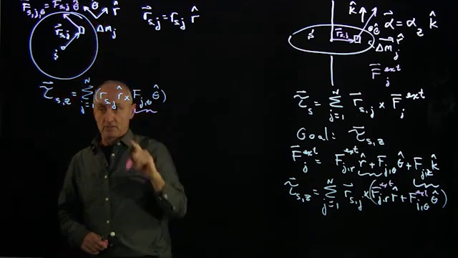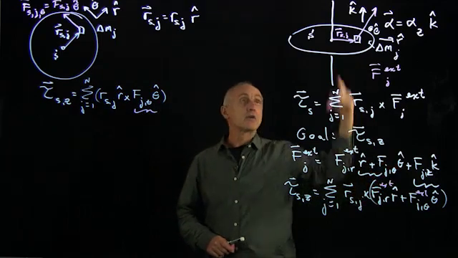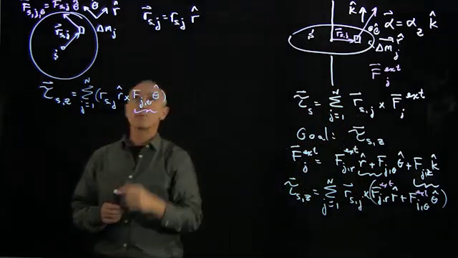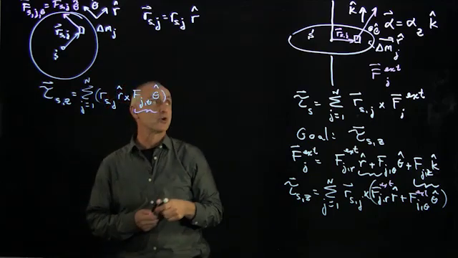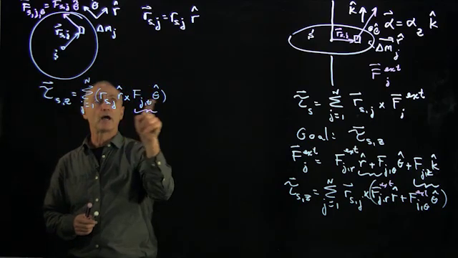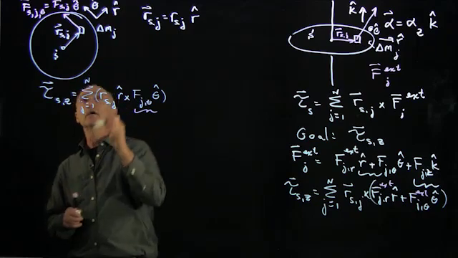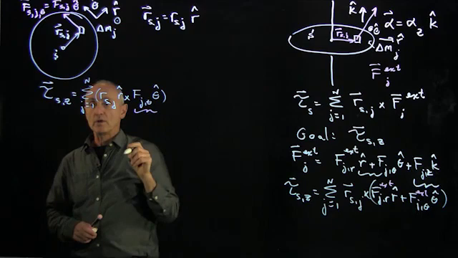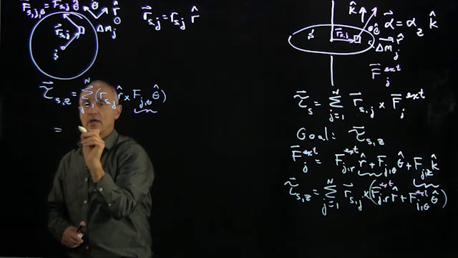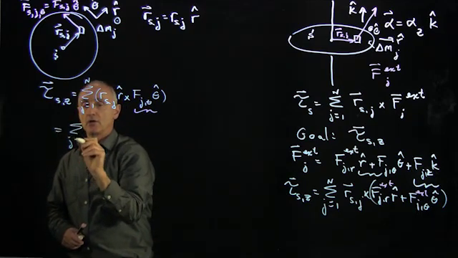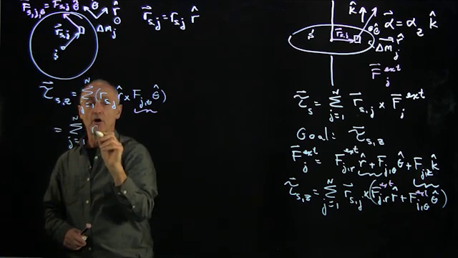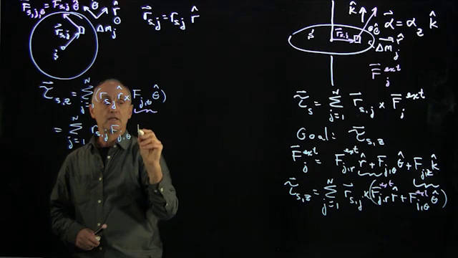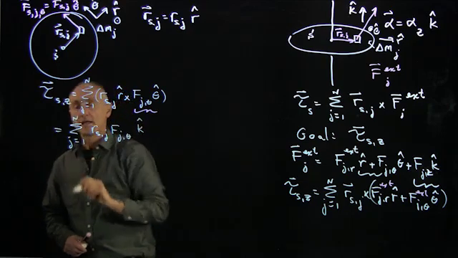This is the only piece of the force that matters in contributing to the z component of the torque. And this cross product is very direct because we've chosen a right-handed system where r hat cross theta hat is k hat. So we see that this becomes the sum from j equals 1 to n of r_Sj F_j theta in the k hat direction.